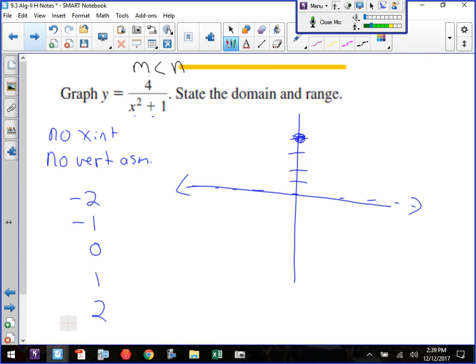Now, what's nice about this style, since there's only that one value of x squared, if I choose -2, isn't it giving me the same answer as +2? That's where you get symmetry. So what's 2 squared? What's 4 plus 1? 5. So at 2 and -2, I get 4/5.